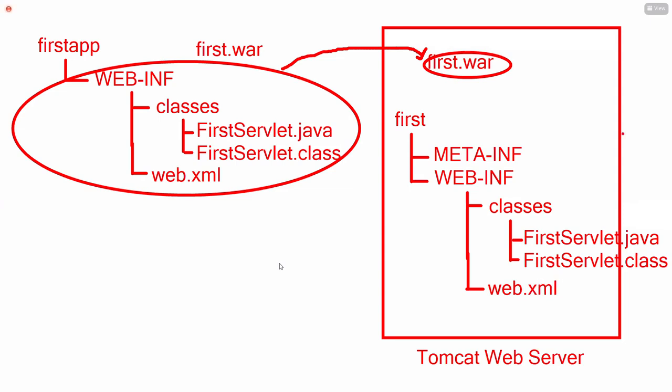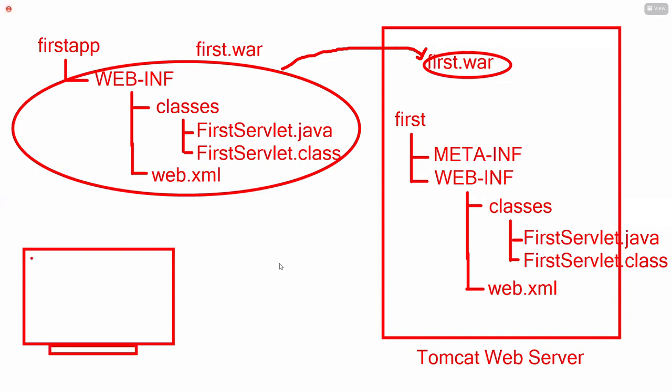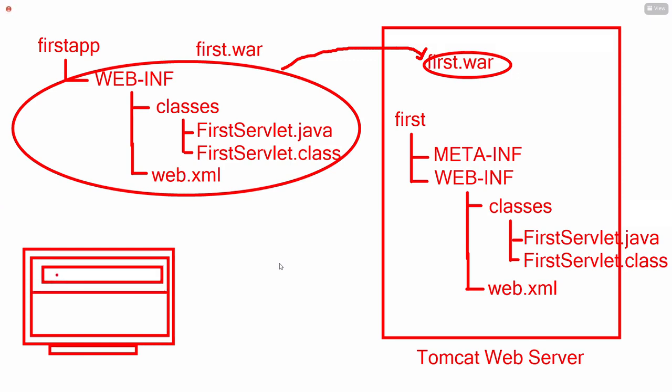Now from the browser window, here it is the web client. Here I typed, first I typed HTTP, my browser communicating with the server. The server is on the same computer.